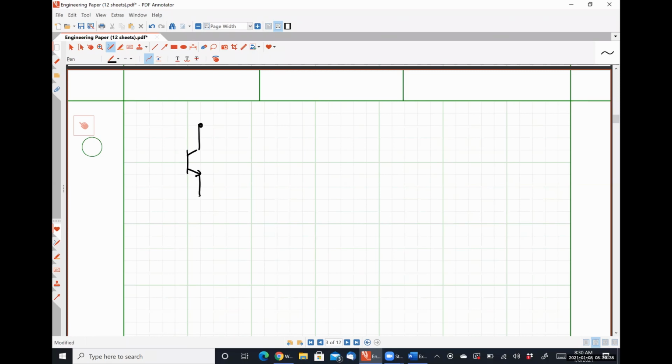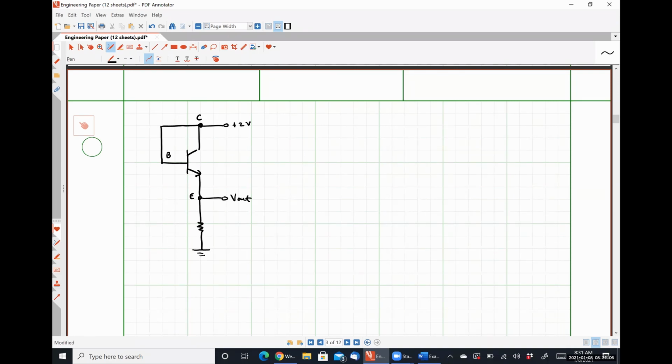Similar circuit, but now we're going to tie our base terminal to our collector terminal with a short circuit, and then try to determine the quantities.